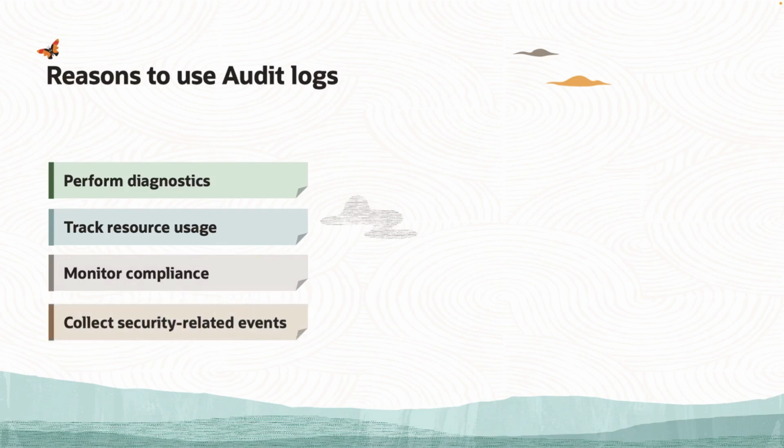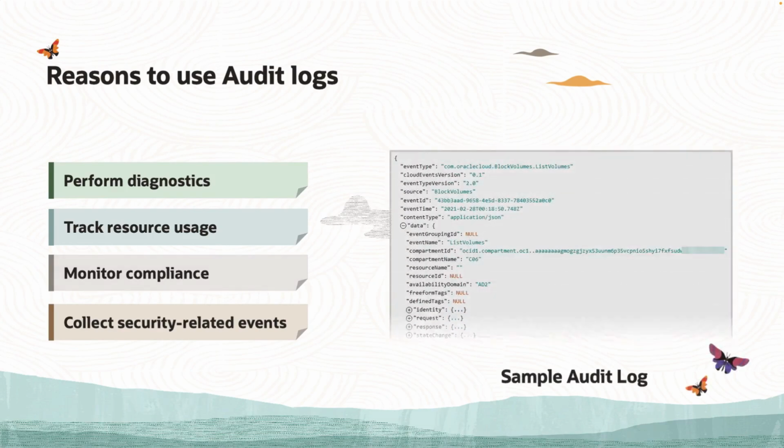Audit logs are widely used to monitor security-related events, for example, tracking all the user activities and the actions performed by an API path. You also have the option to display the event in a JSON format, and here is a sample audit log that provides different key value pairs for all the resources.